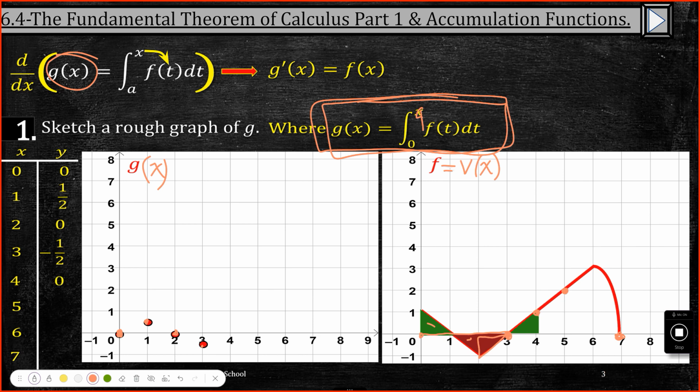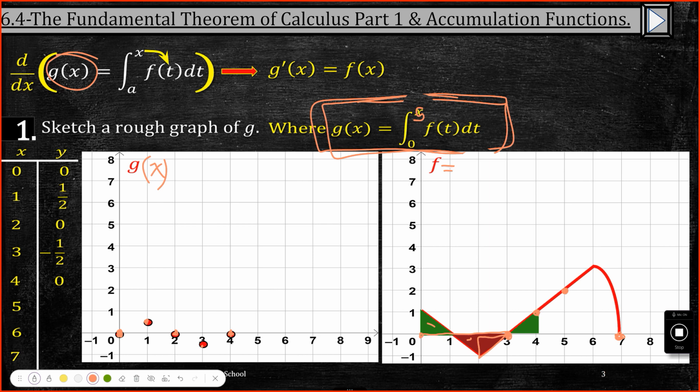And now we went back over here. The area under the curve of f from 0 to 5, that is best said.